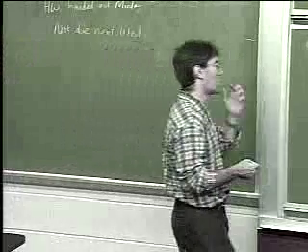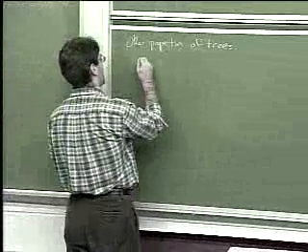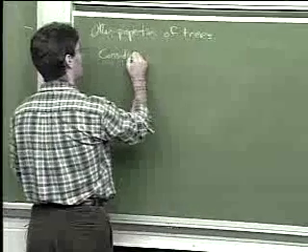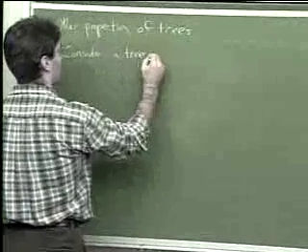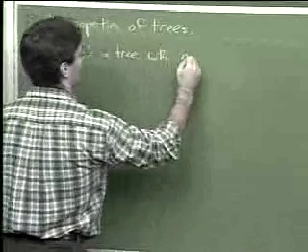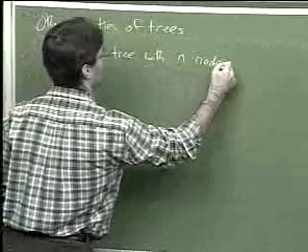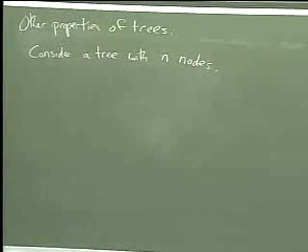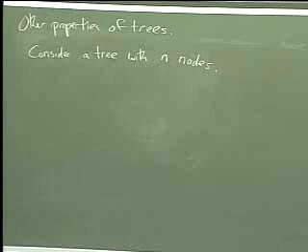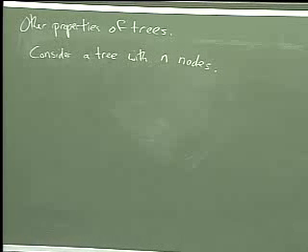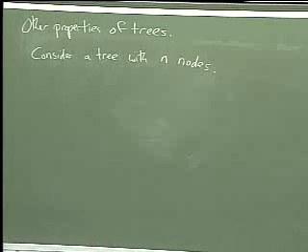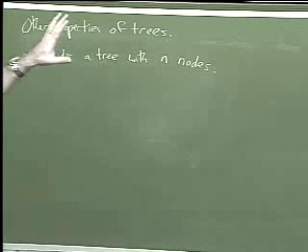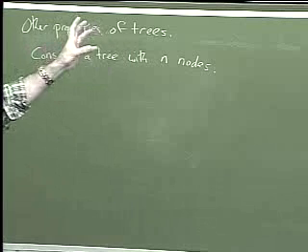Does anybody see some other properties of trees? I'll give you a hint. Consider a tree with n nodes. What can we say about that tree? The n nodes is important. Patrick. The degree of the nodes will be n minus 1. Well, I've got on the order of 15 nodes.